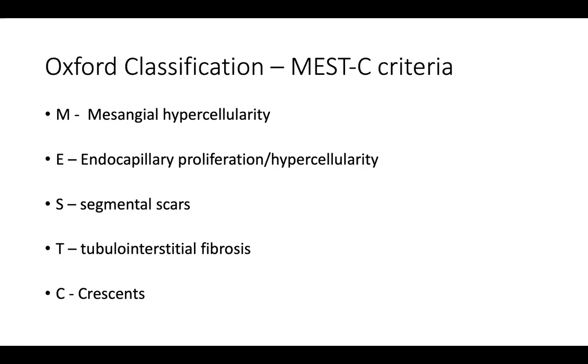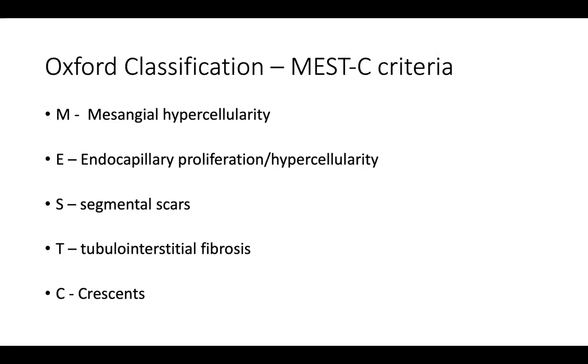Endocapillary proliferation is too many cells within the capillary loop, that it's actually plugging up the capillary loop, and the loops are now closed because they're filled with stuff. So that's endocapillary proliferation. Mesangial hypercellularity is just too many cells within the mesangium, but then the capillary loops themselves are open. Okay.